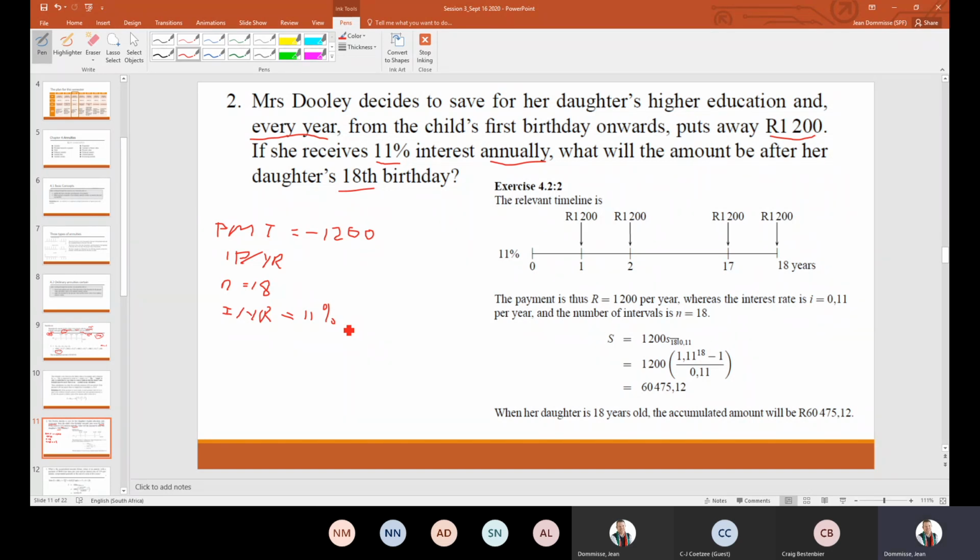So again, for me, it is much easier using the calculator than trying to go into that detail and remember how you need to do it, that you first need to say 1.11 to the power of 18 minus 1, then divide by 0.11, and that amount times 1,200.